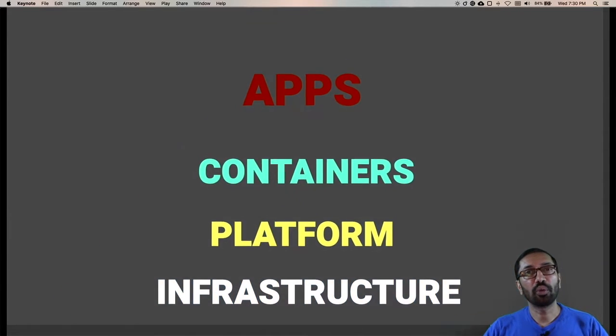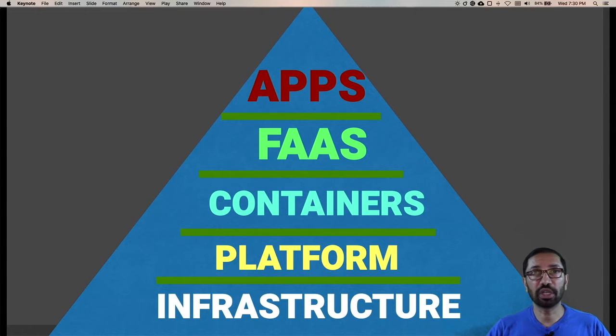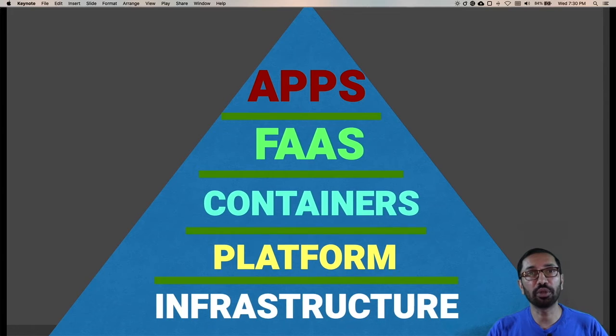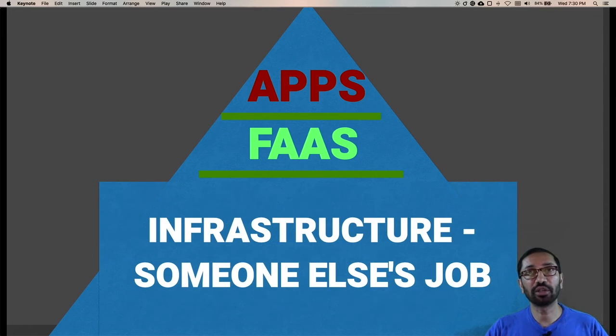Now, when we think of serverless and functions as a service, we have another abstraction layer underneath our application where we build things as functions as a service or cloud functions. And underneath those things, we have containers, platform, infrastructure, just like we always do. But with serverless technology, that infrastructure is somebody else's job. We don't have to worry about it, right?